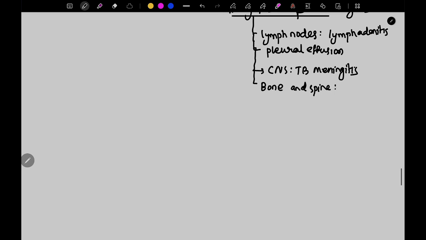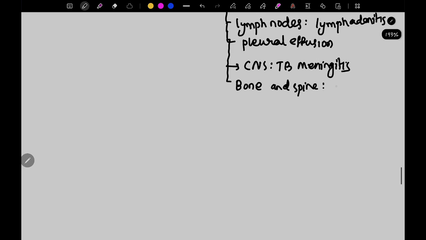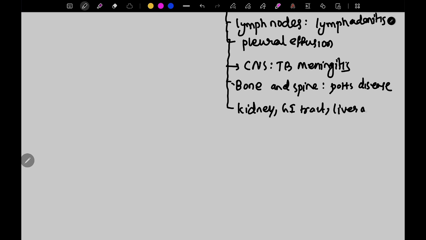If the bacilli spread to the vertebra, it is called Pott's disease. And these can also spread to the kidney, GI tract, liver and pericardium.